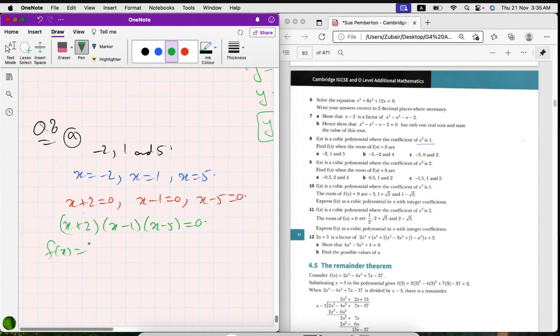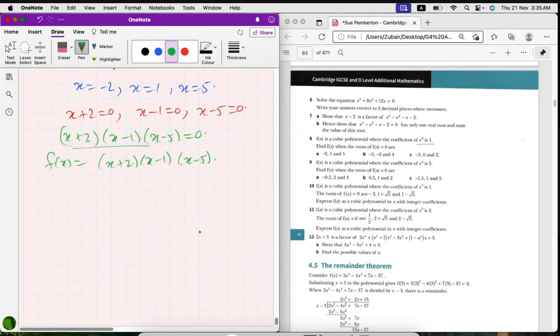So f of x is the product of these three: x plus 2, x minus 1, x minus 5. Now this is a self-sufficient, complete polynomial equation, but if we have to simplify it in cubic form, we'll just multiply. First 2 is x square minus x plus 2x minus 2, so x square plus x minus 2, into x minus 5.